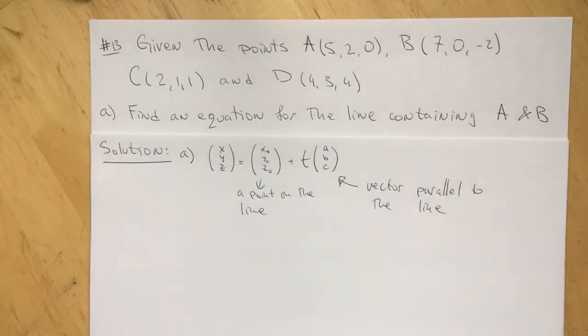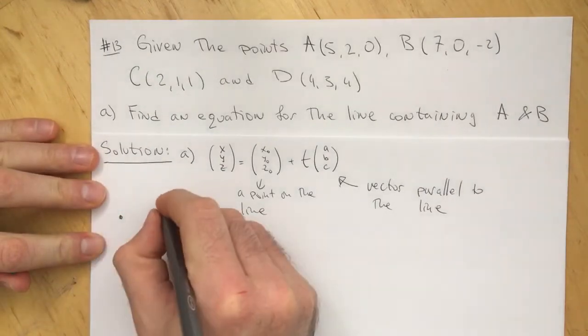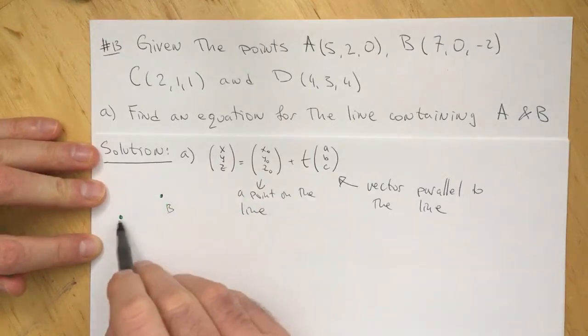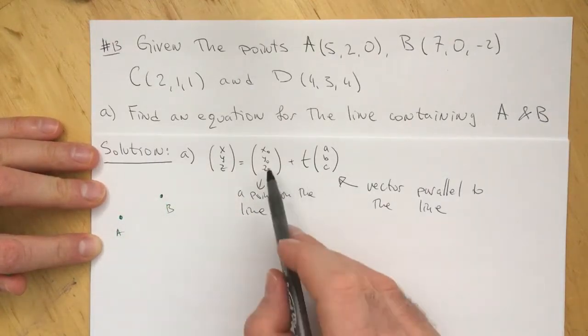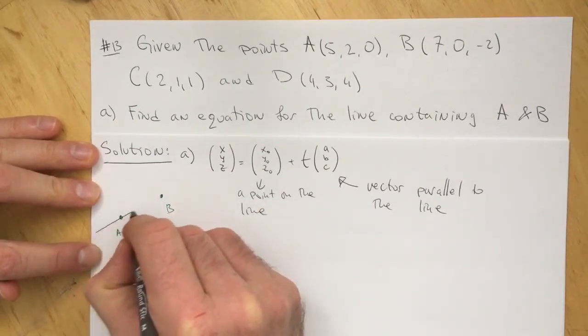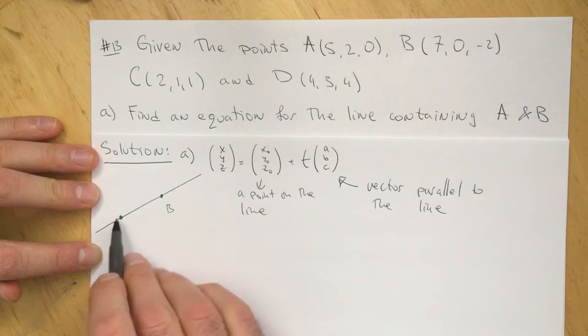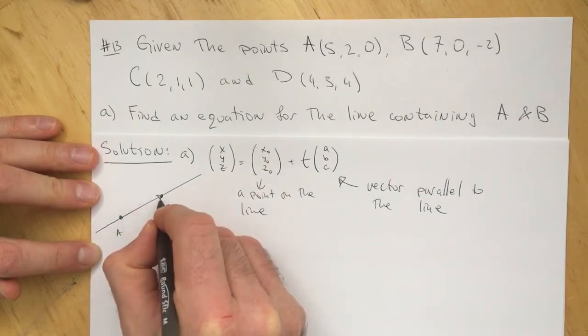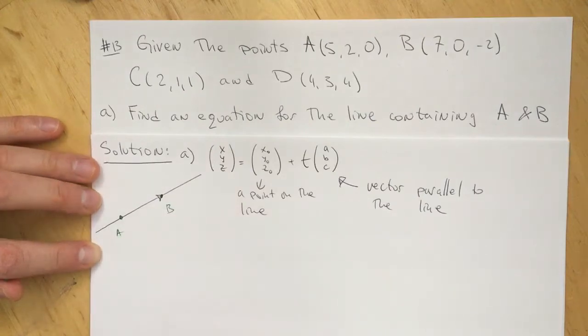If we have 2 points A and B, you can choose either A or B to put in here instead of the point, right? And then what vector is going to be parallel to this line? Well, the vector AB or the vector BA, depends what you want.